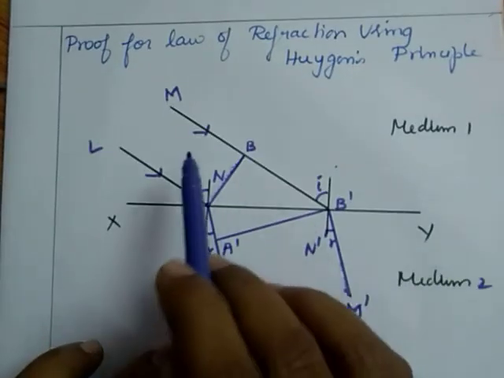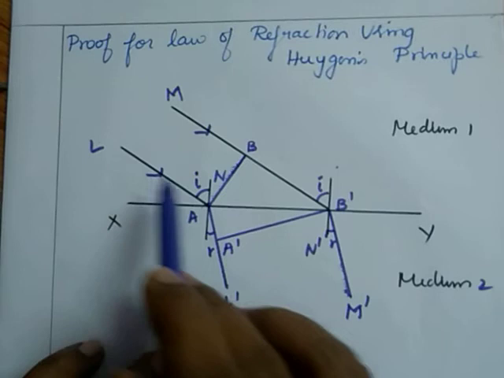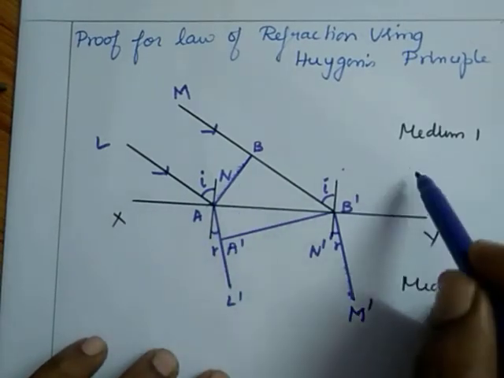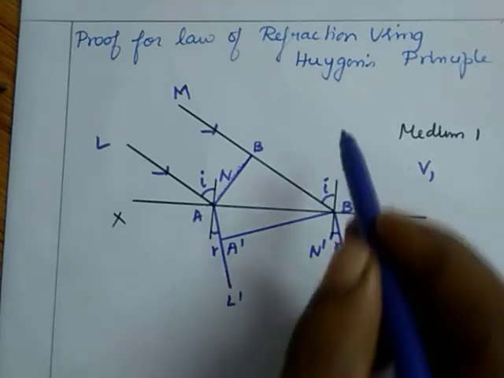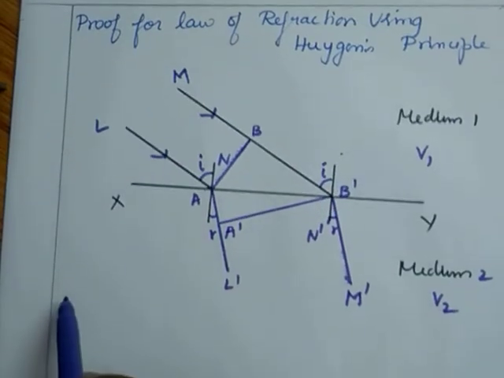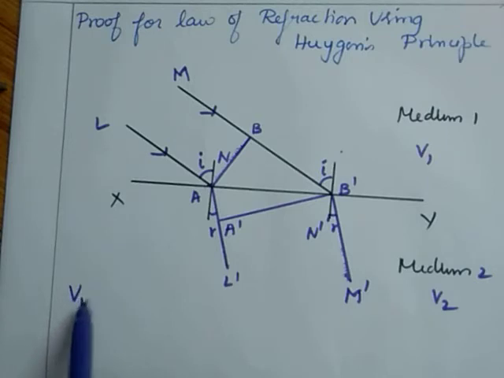Here we know the velocity of light in the first medium is V1, and in the second medium is V2. Here it is a rarer medium, there a denser medium, so the velocity of light in the rarer medium is greater than the velocity of light in the denser medium.